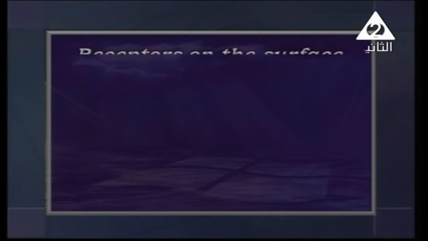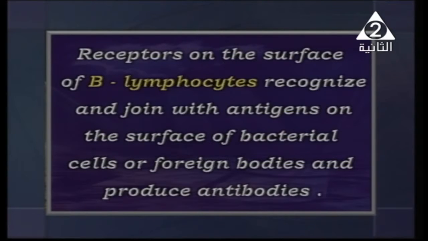After that, the receptors found on the surface of the B lymphocytes in your body are a group of receptors spread over the cells of your B lymphocyte. What do they do? They want to collect some information, so they recognize and join with the antigens on the surface of the bacterial cells or foreign bodies.